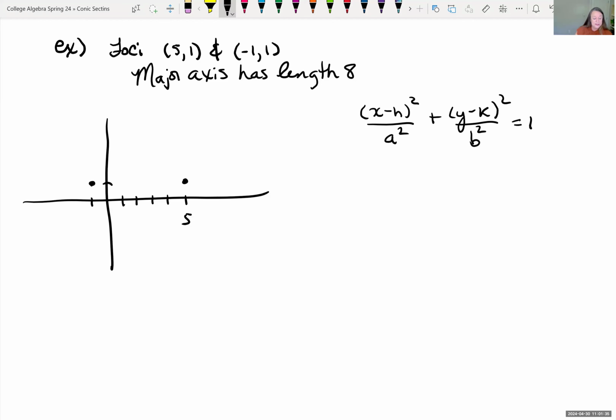So remember the center, we got the foci by looking at the center and going over left c and right c. So I know if I can find the midpoint of these 2 points is the center of the ellipse.